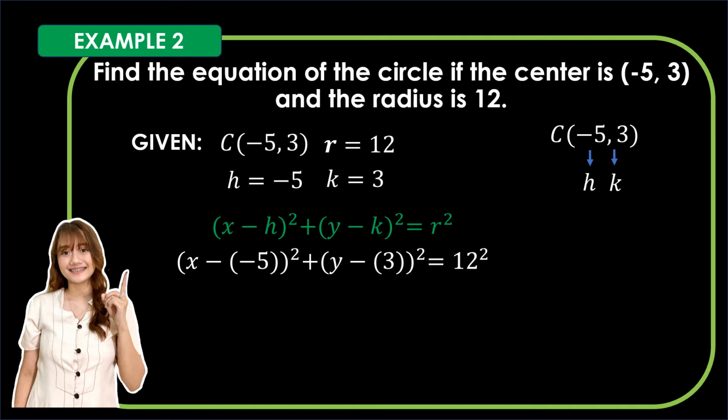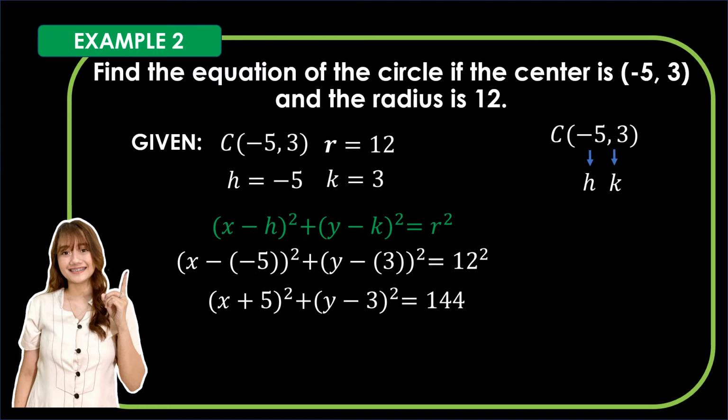So we have the quantity x minus negative 5 squared plus the quantity y minus 3 squared equals 12 squared. So, from this equation, observe that we have a double negative here. We know that when we multiply negative times negative, the answer is positive.